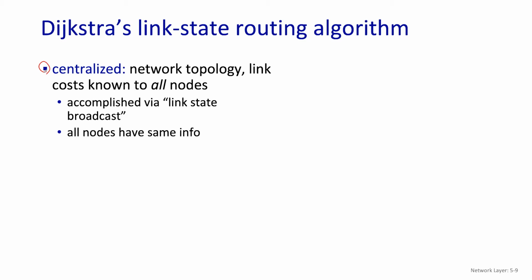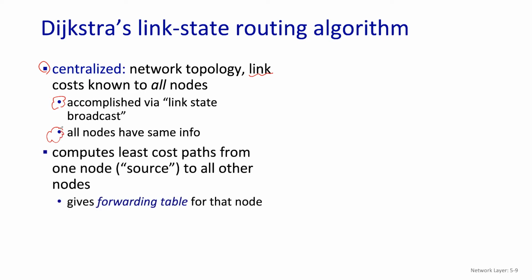Or in other words, we can say that the cost from each node to any other node within the network is already known by everyone. Okay, and this task is accomplished by the link state broadcast, and most of the time, if not all the time, all the nodes have the same information.